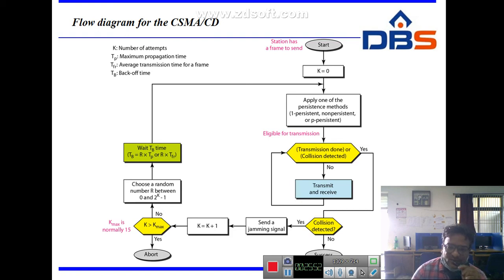If no collision is detected, the data will definitely reach the receiver. If a collision occurs, it will immediately generate a jamming signal for some amount of time, and k is equal to k plus 1. That jamming signal alerts the remaining stations within the transmission.